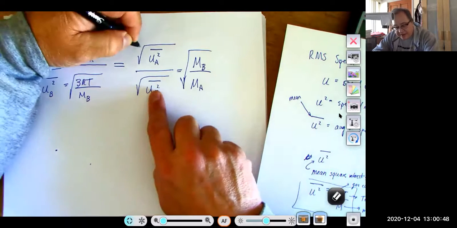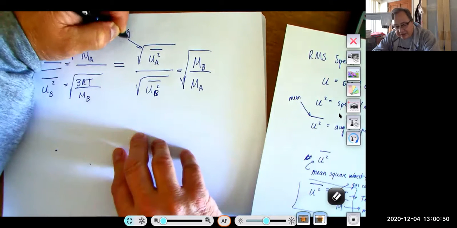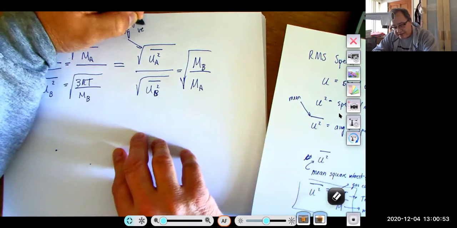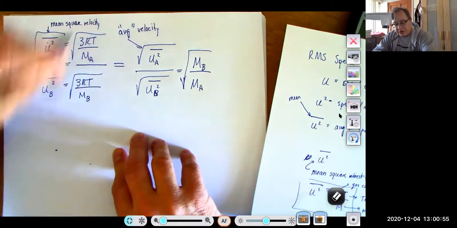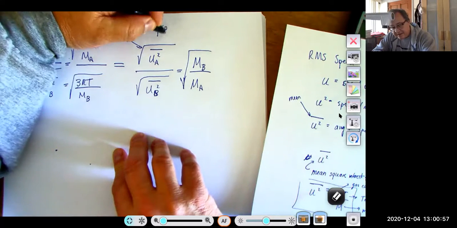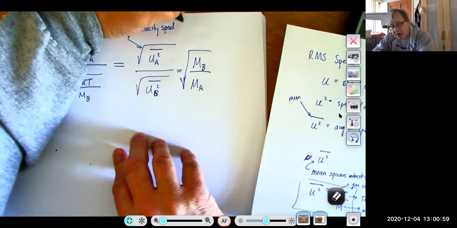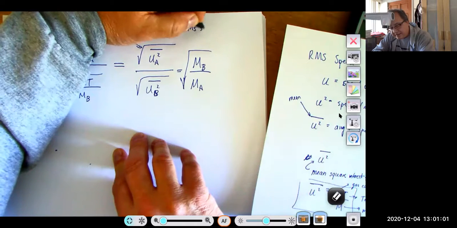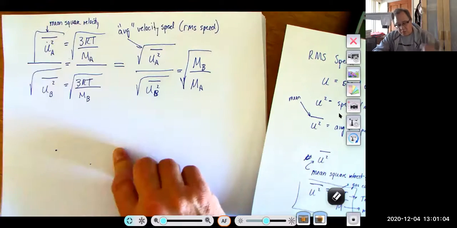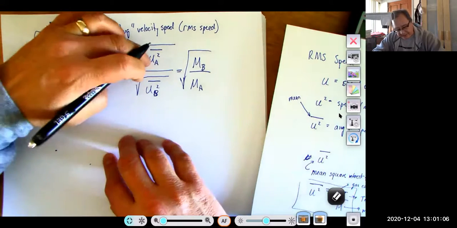So the way to think about this is the average velocity or speed. And it's actually the RMS speed. So why do we want the RMS speed?